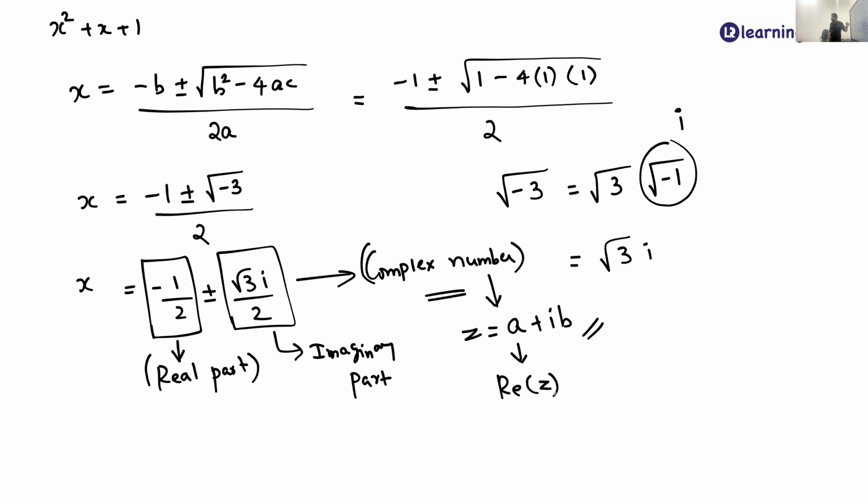It's called the real part of Z, and this iB can be called Im of Z, which is the imaginary part of Z. And this is the general representation of a complex number. Is that clear? So please make a note of it. That's why, if you see, the name of the chapter is what? Complex numbers and quadratic equations.